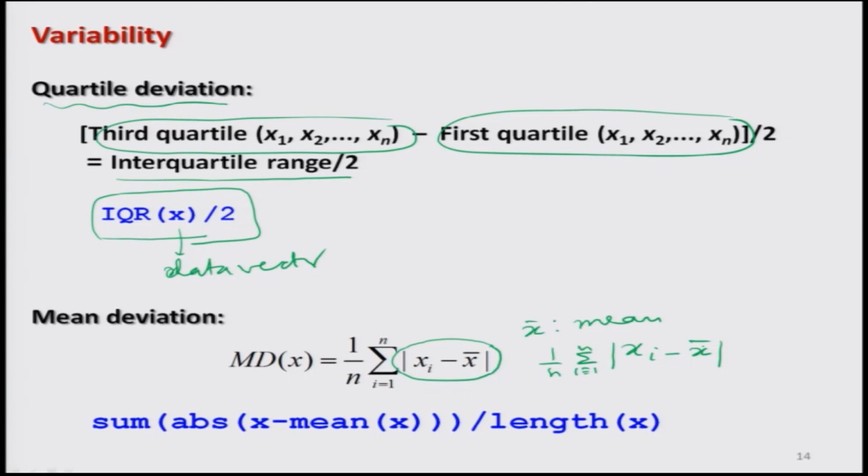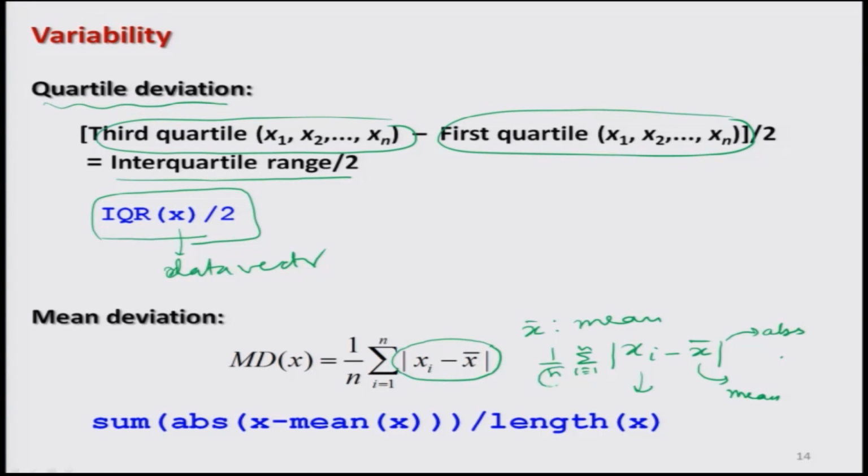There is no direct function to compute the mean deviation, but we can use the built-in functions and write the syntax ourselves. If you look at this structure, it is pretty simple. We know how to compute the arithmetic mean, that is mean of x, and we also know how to compute the absolute value, the function is ABS.